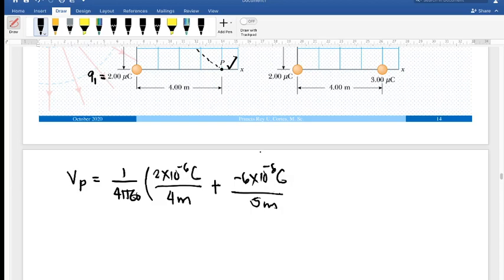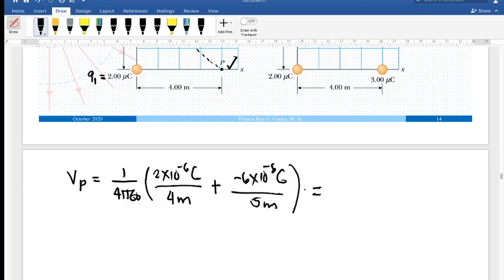So then calculate. So how much is that? I cannot exactly confirm if my calculation or my process is correct, so it's up to you to check.